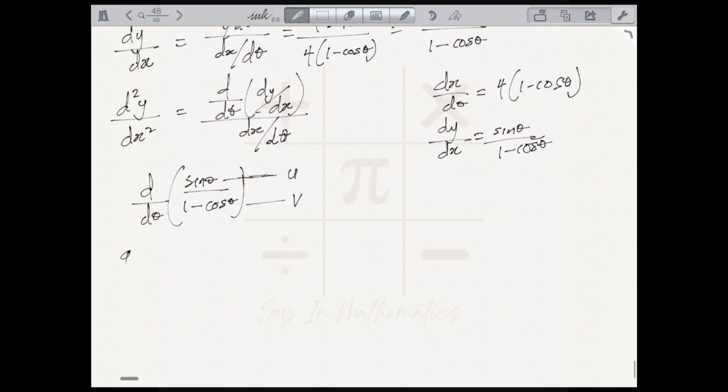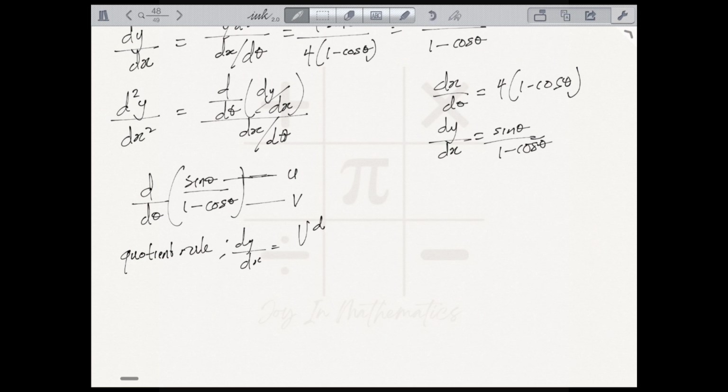And for the quotient rule, just like we have done in this series of video number 9 and 10, differentiation of a quotient, the quotient rule says that dy/dx is equal to (v du/dx minus u dv/dx) over v squared.